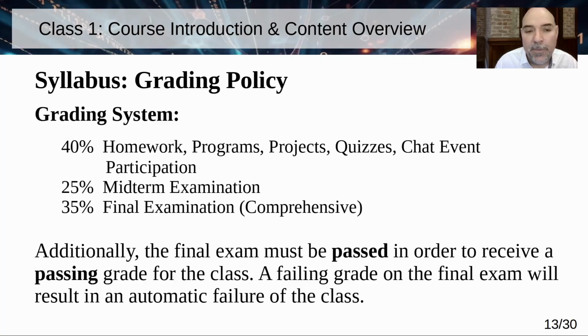So do take the final exam seriously. If you did the work here and you followed along, it should not be difficult to get a passing grade on the final exam, so don't stress too much about that. But do know that you should not blow off the final exam and say, whatever, I'll just phone it in, because you do need to pass that to pass the class.